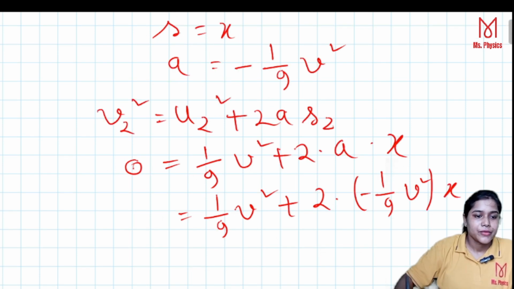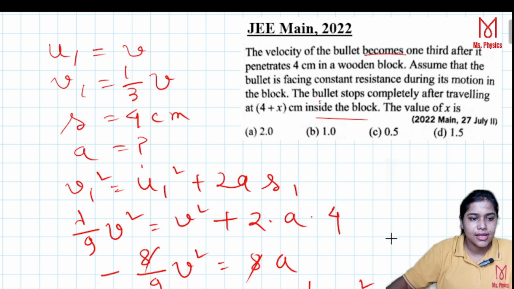Now therefore x is equal to, finally we are getting, half, that is 0.5. So you go to the option, let's see, yes, 0.5 is the answer.